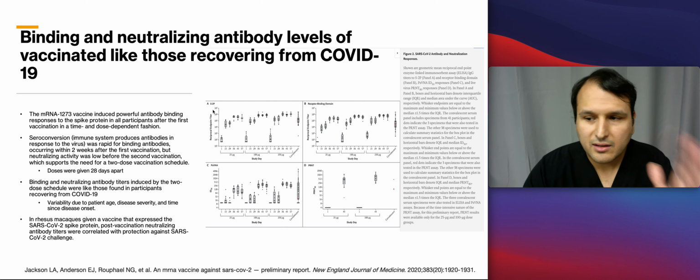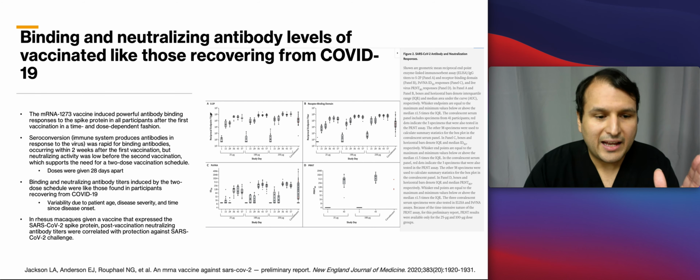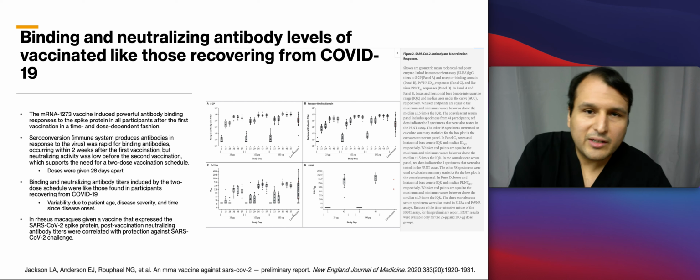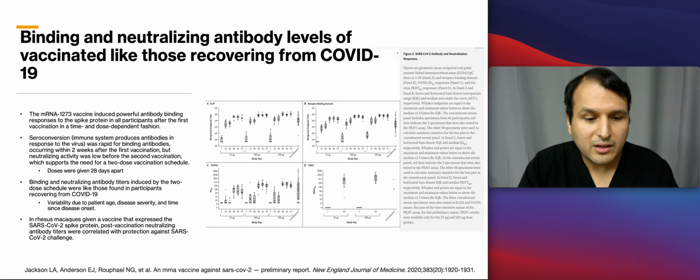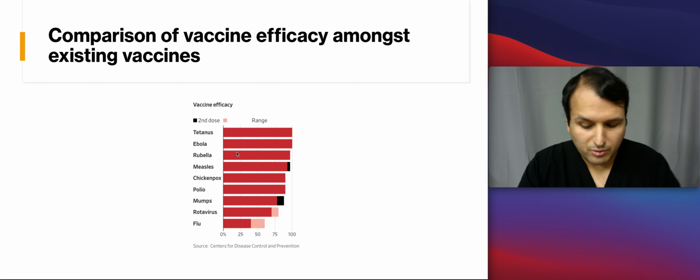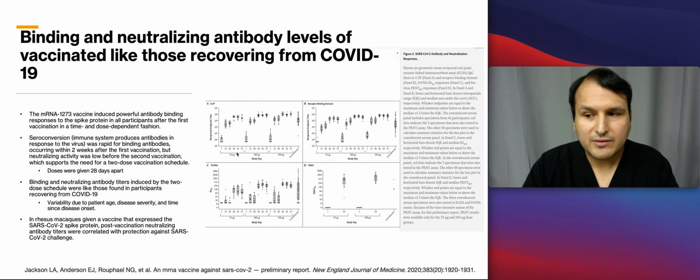On the left-hand side is the amount of antibodies. On the bottom is the study day, and then you have them separated into groups from 25 to 100 to 250. These are the doses that Moderna was experimenting with in their phase 1 trial. Obviously we ended up with the 100, but before that we had the 25 and the 250.